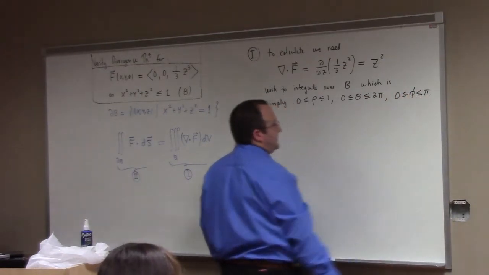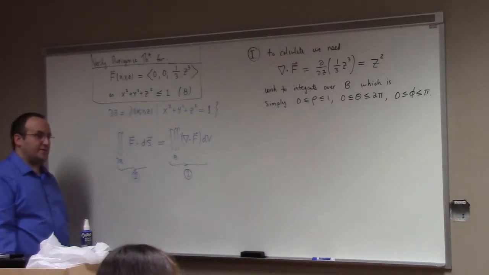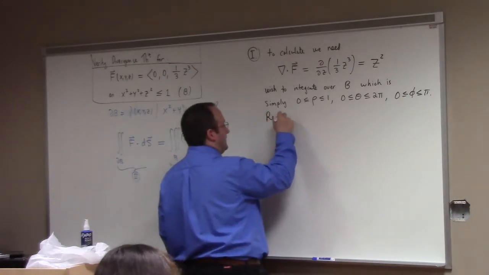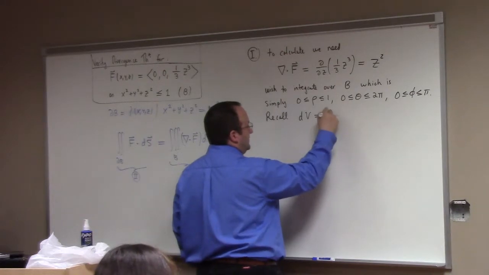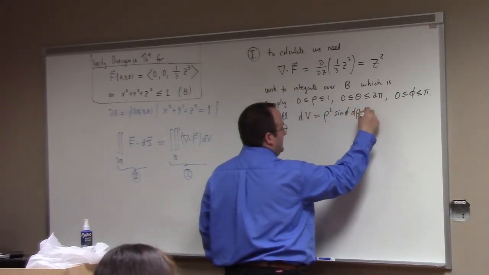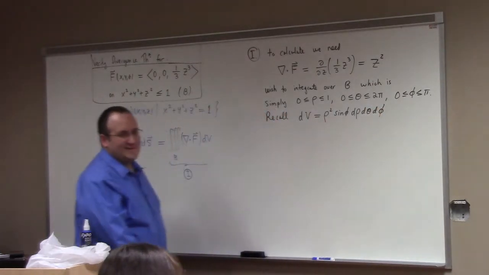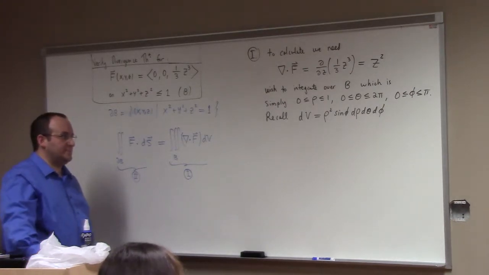And may I recommend that we use spherical coordinates to calculate the spherical integral. And also we should recall that the dV, the volume element in sphericals, is rho squared sine phi d phi d theta, the differentials, whatever order makes sense for the integration I'm about to write down.